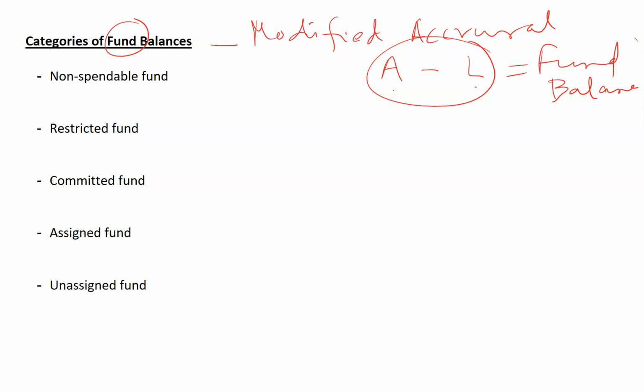Now, when you prepare the fund financial statements and you show your fund balances, you have to categorize them into 5 categories. You have seen this concept in chapter 16. This is the same concept and review. So non-spendable fund means that you cannot use this fund because those are designated for specific spendings.